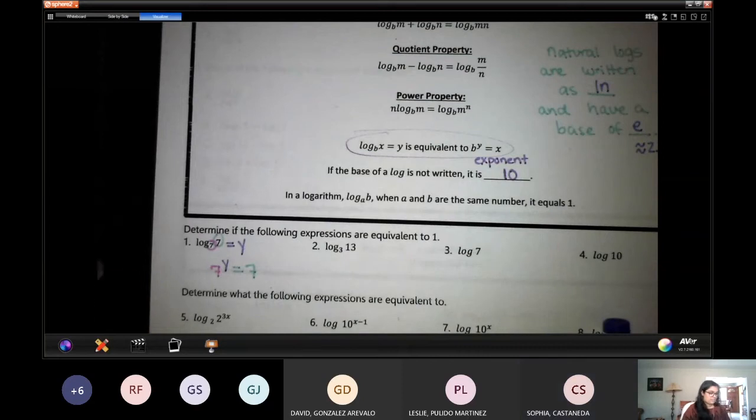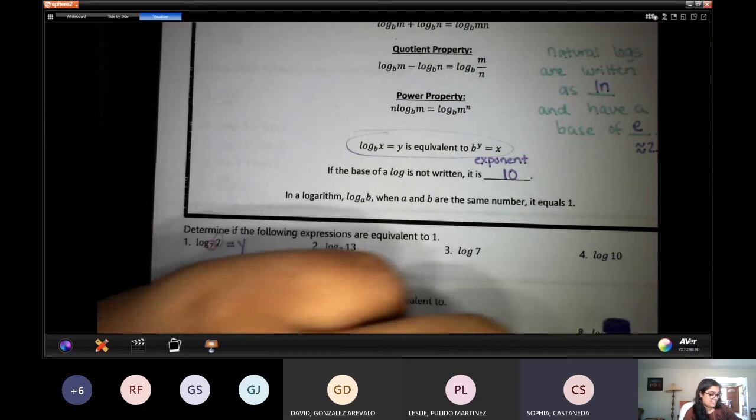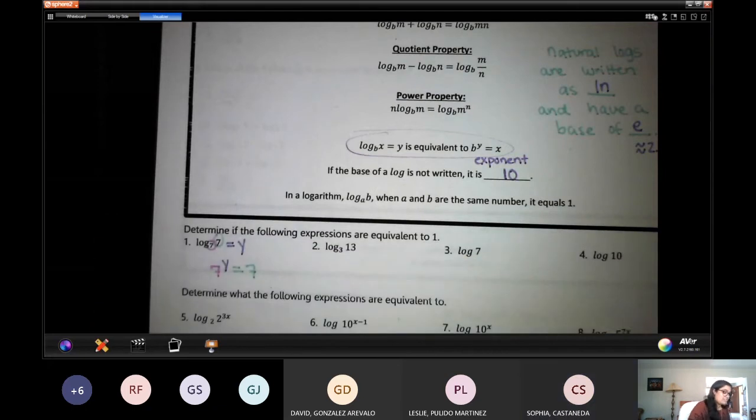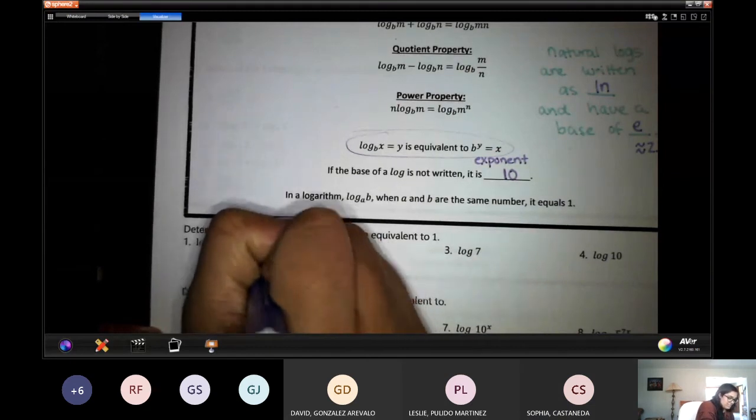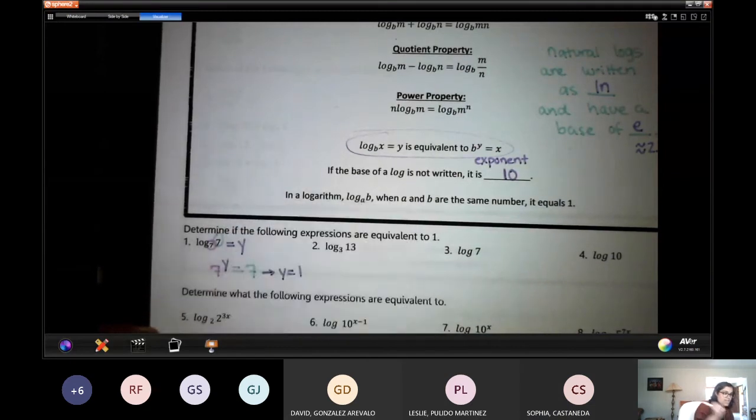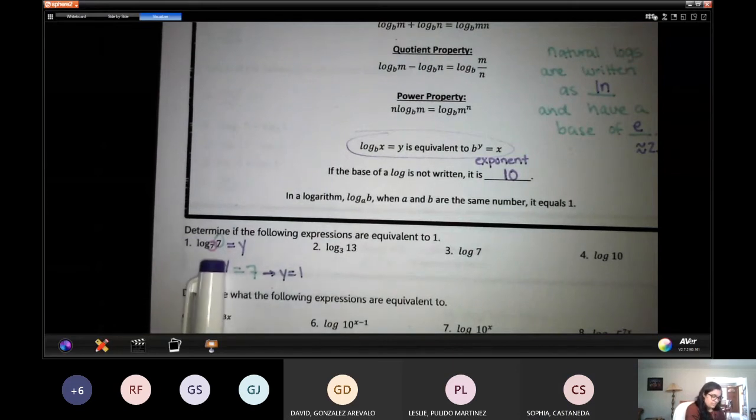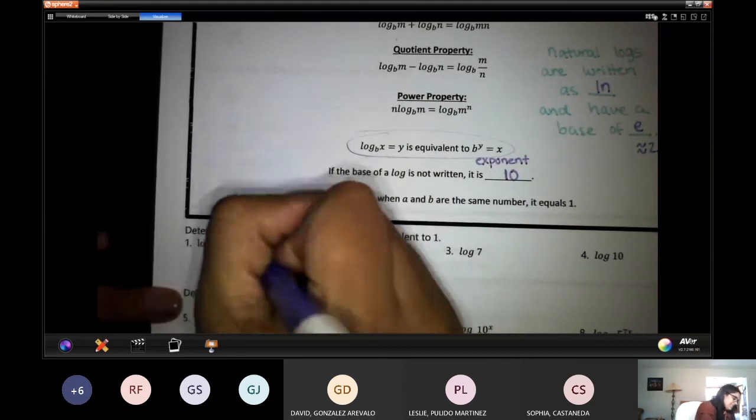What does y have to be equal to? 1, exactly. So y is equal to 1 in this case, because 7 to the what power equals 7? Only 1. So this tells us that y is equal to 1, which is the point. So is this equivalent to 1? Yeah, so the answer would be yes.